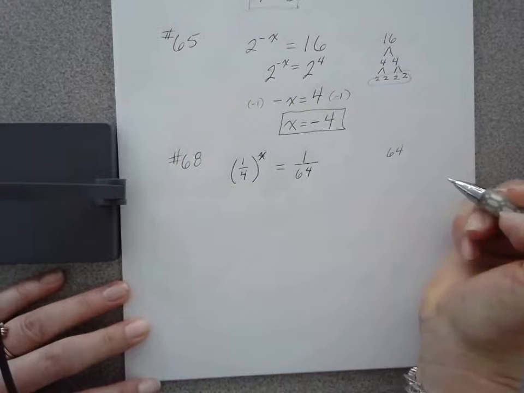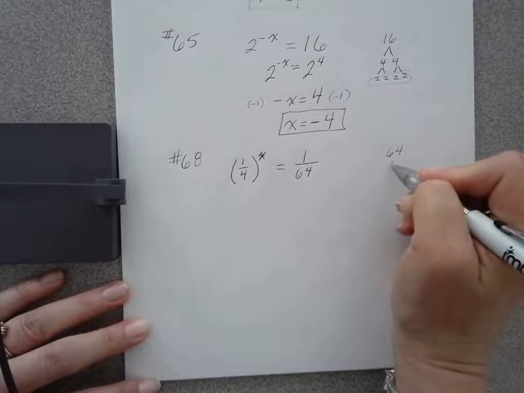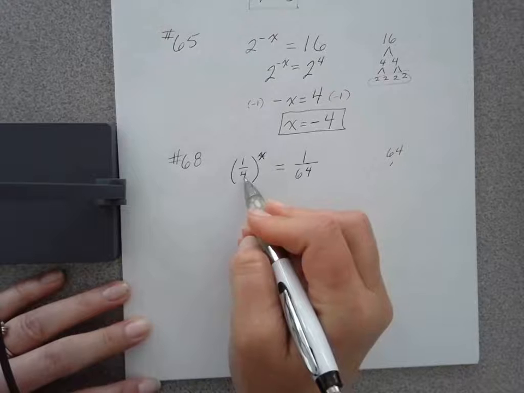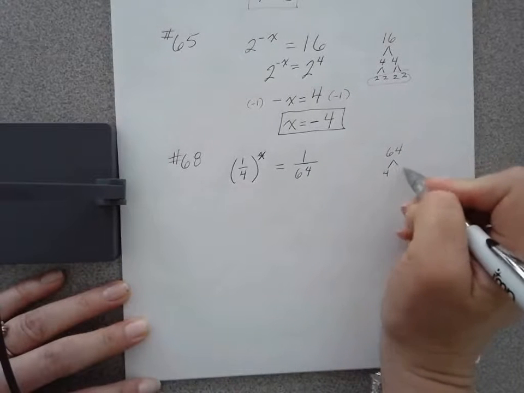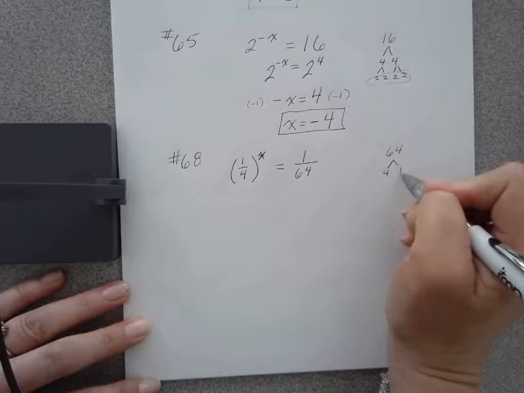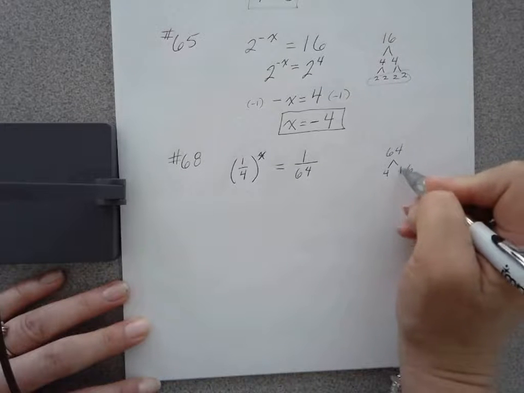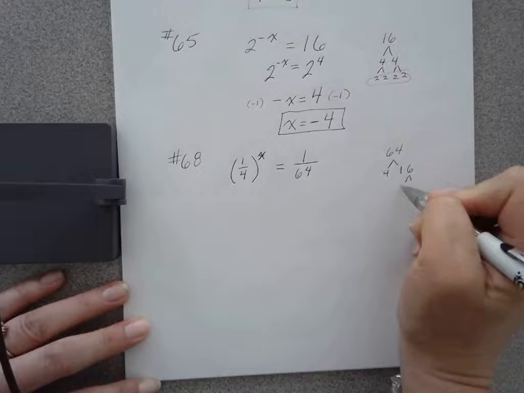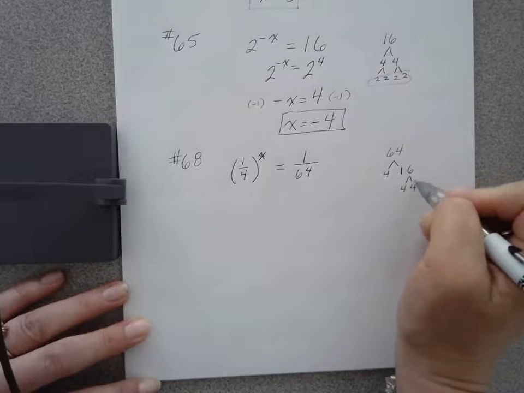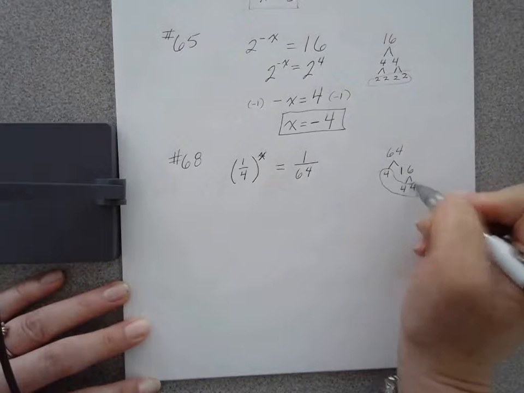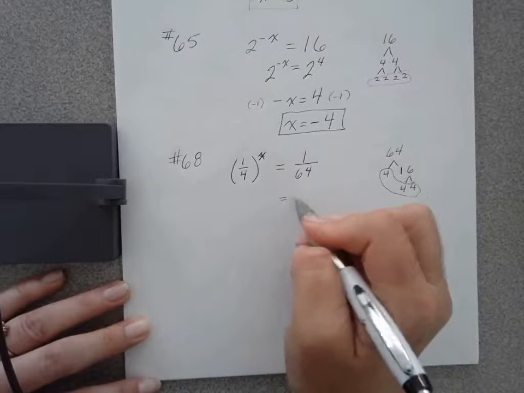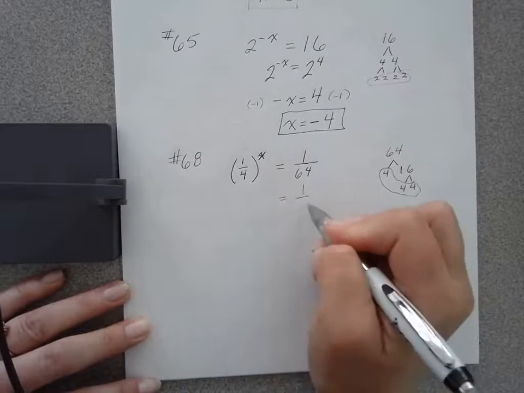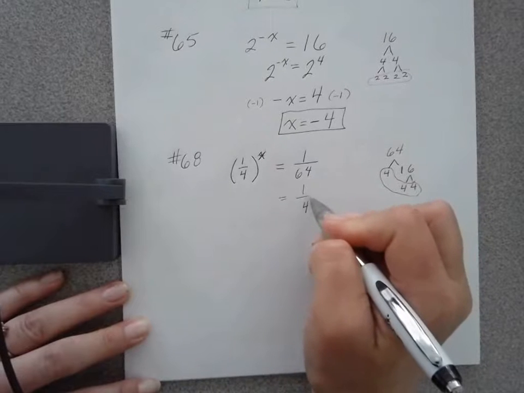What are the factors of 64? I need factors of 4. So think about 4 times what equals 64? 16. And then 16 is 4 and 4. So how many 4's is that? 3. So 1 over 64 is going to be 1 over 4 cubed.